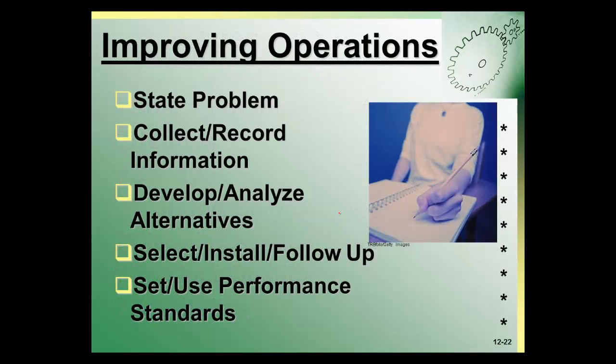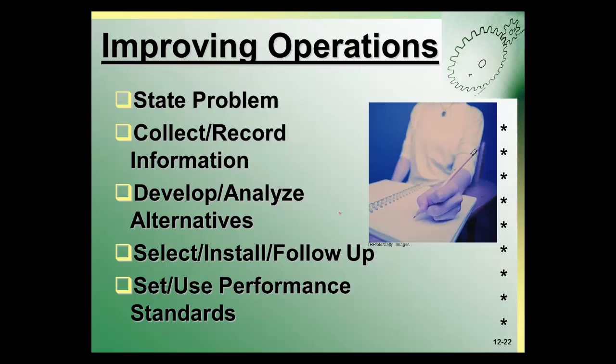So it's very important when establishing any type of plan to also have a method for improving it. Now in this case, a plan to improve operations includes 5 basic steps. First, state the problem. Second, collect and record any information collected. Third, develop and analyze alternatives. Fourth, select or install the best alternative with a suitable system of follow-up.